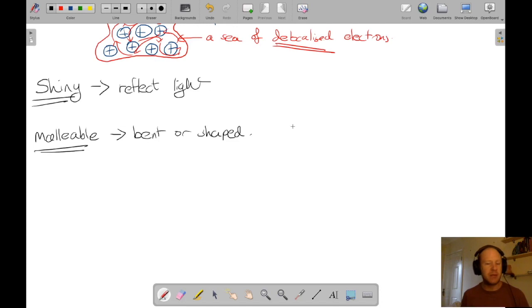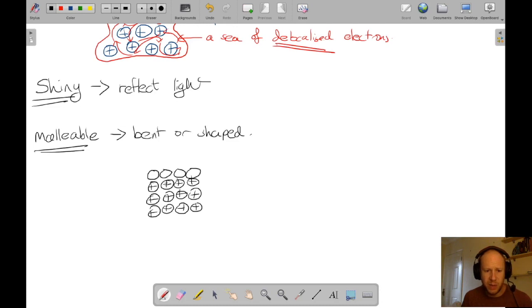So let's try and explain why this happens. Imagine we've got our metal atoms like this. Here's my metal, all these positive ions stuck together like this. And if you remember, what's surrounding those ions is that sea of negative electrons.